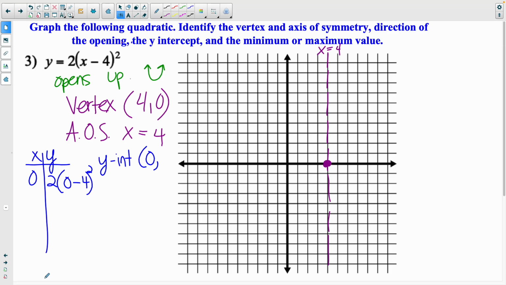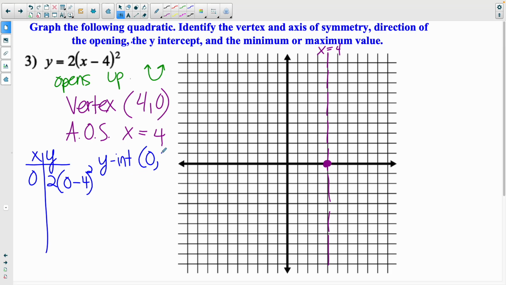It should be, I think. Yeah, it's in the function. So we get 32.